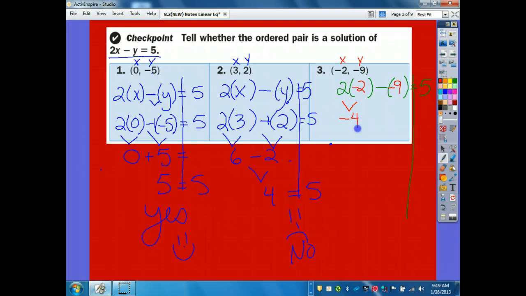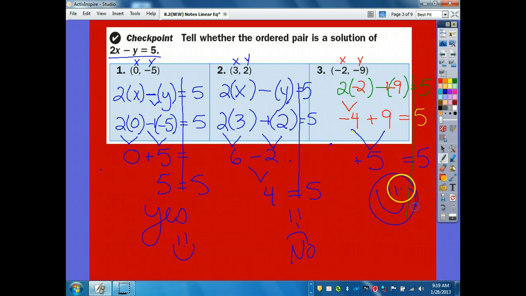A negative 4. A negative, assume 1. A negative times a negative is a positive, so that turns into a plus 9. Does that equal 5? Fight or no fight? A negative 4 and a positive 9. Fight, who wins? Positive, so we have a positive what? 5.